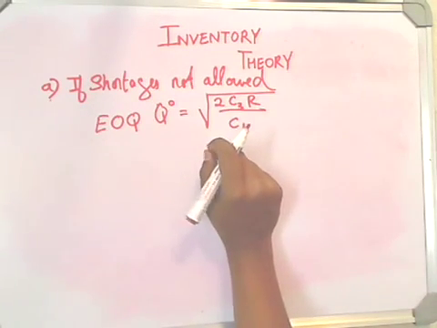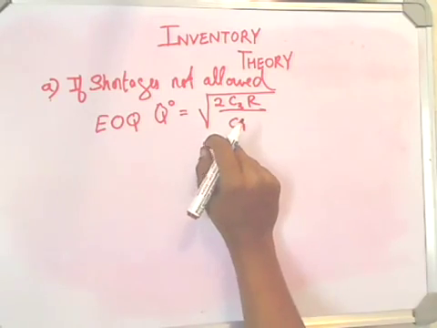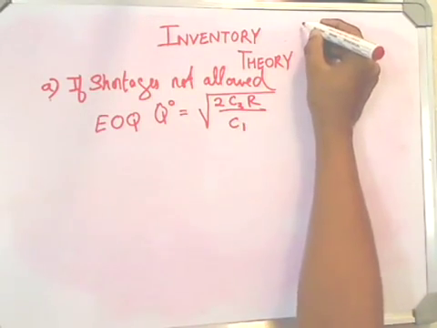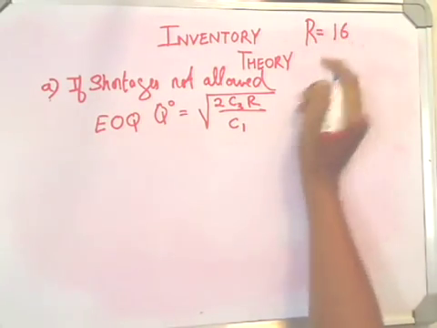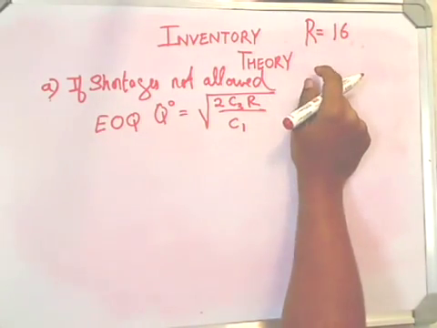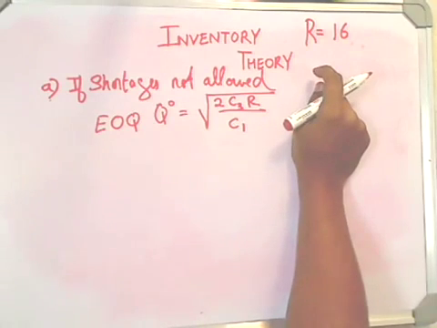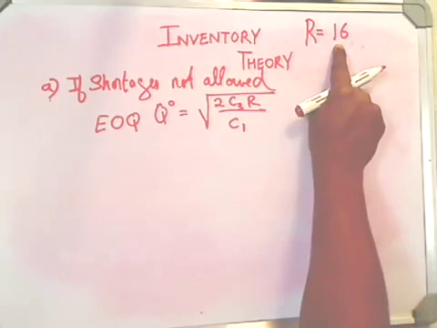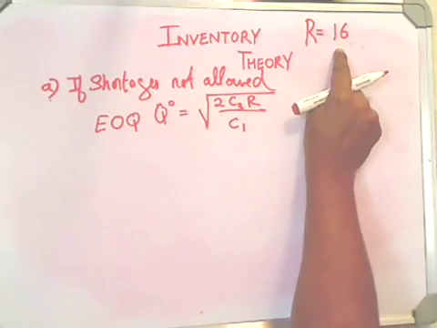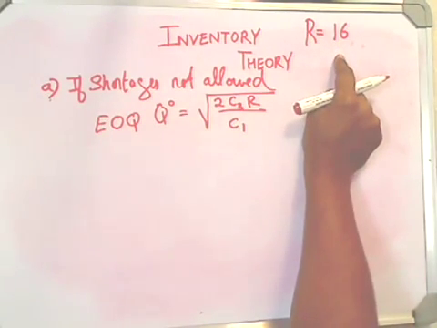I'll do that now and explain it as I write along. First bit of data I'm going to write is R, which happens to be 16. If you read the problem, it says a uniform rate of 16 tons per year. So 16 tons would be the demanded quantity. R here is the demanded quantity.